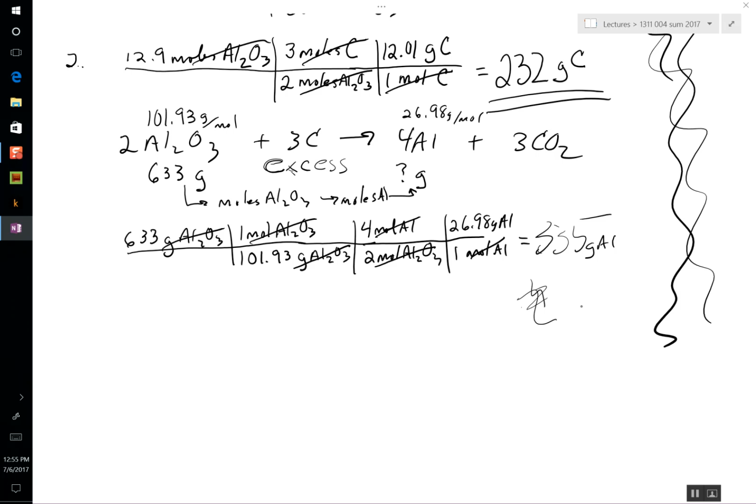Now, in order to calculate a percent yield, you need to calculate the theoretical, and you need to be given what the actual yield was. What was the actual yield? So they got 305 grams when it would have been theoretically possible to get 335 grams.